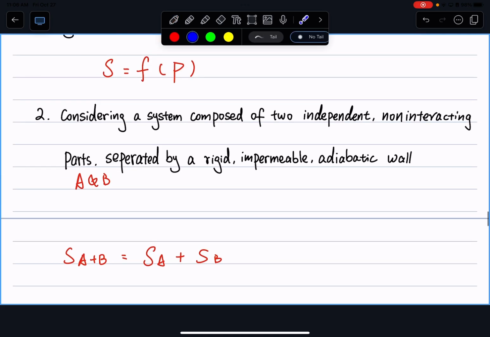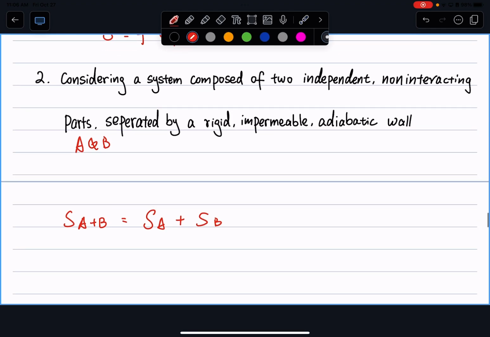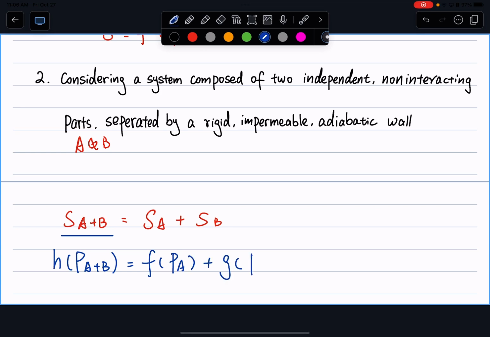Using our random function notation, you can write the total entropy as some function H of P of A plus B, which equals some function f of PA plus some function f of PB.